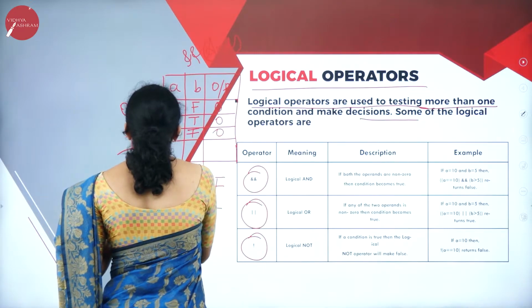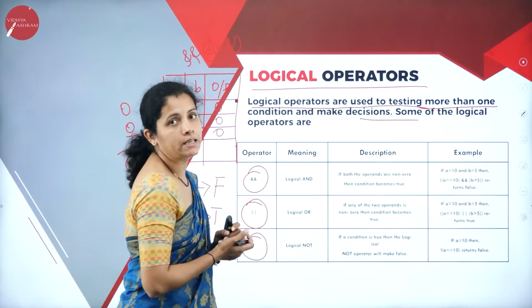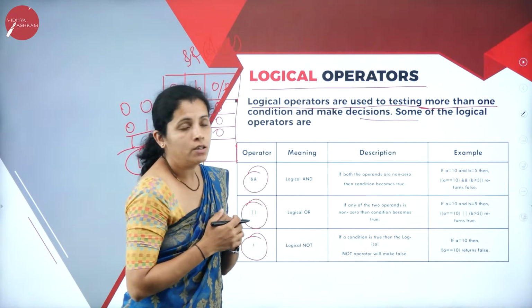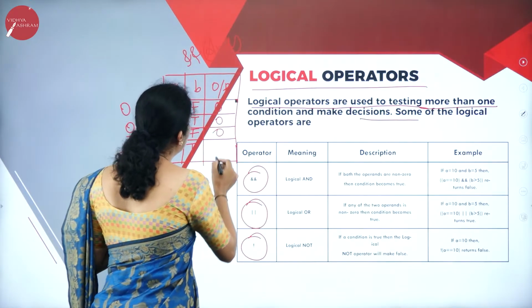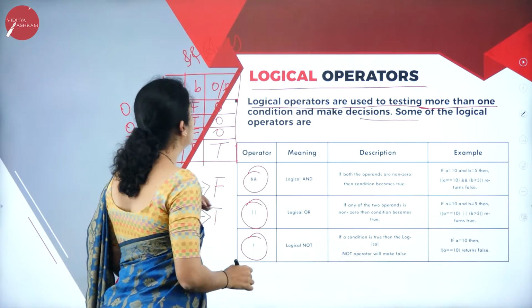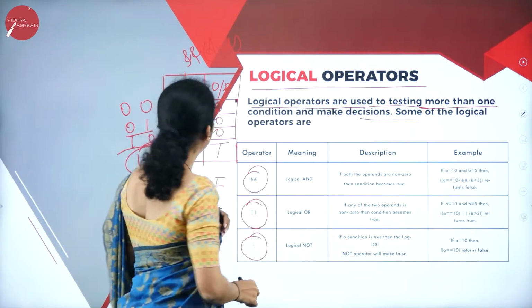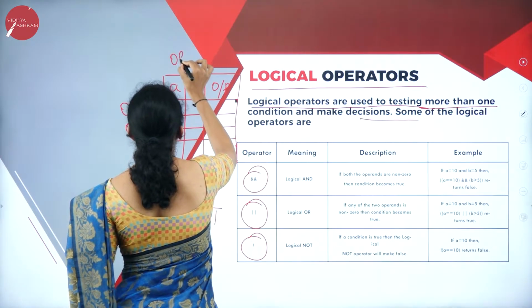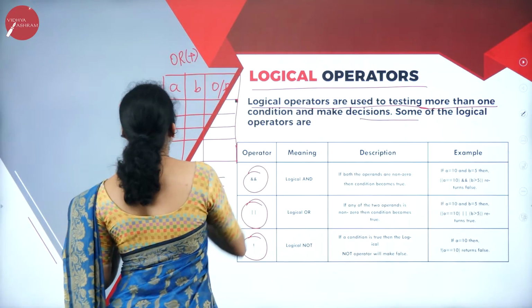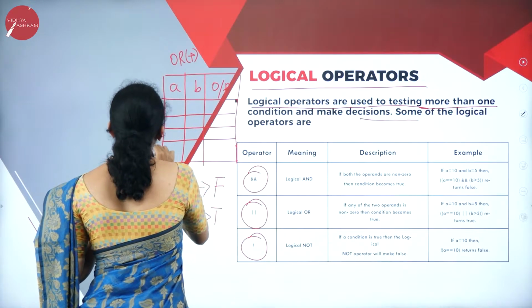And the last combination is true and true. So true into true, that is 1 into 1, I'm going to get the value 1, that is nothing but true.